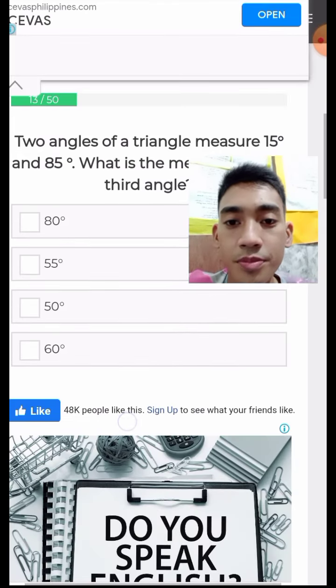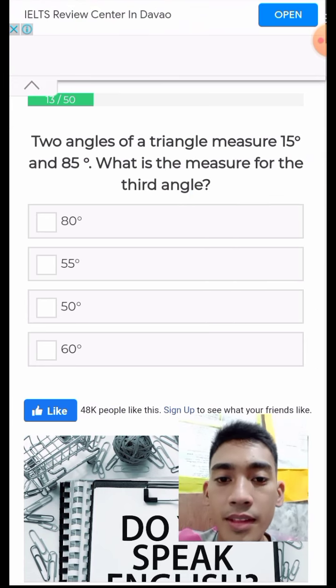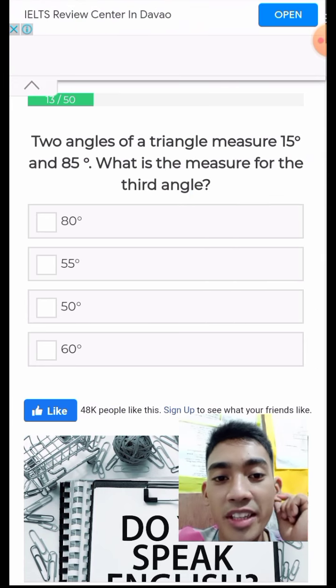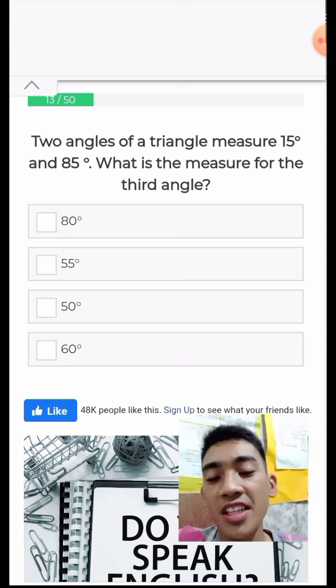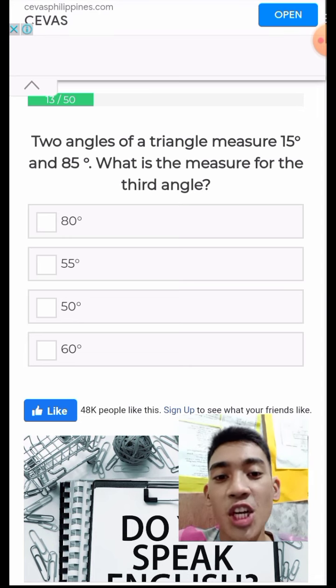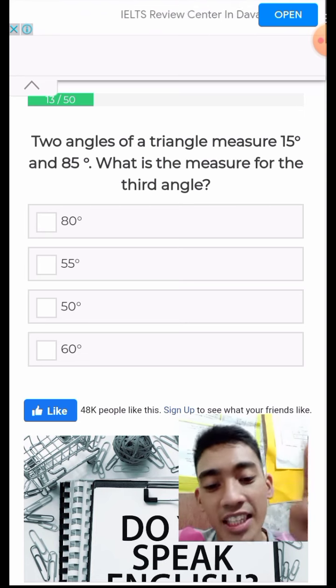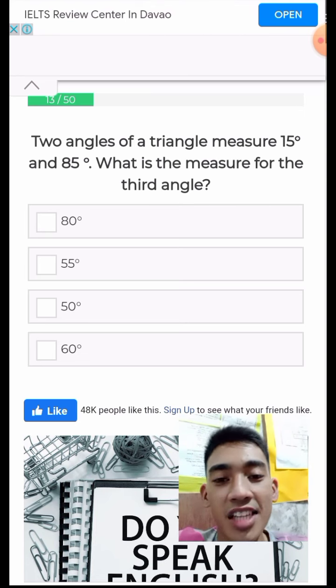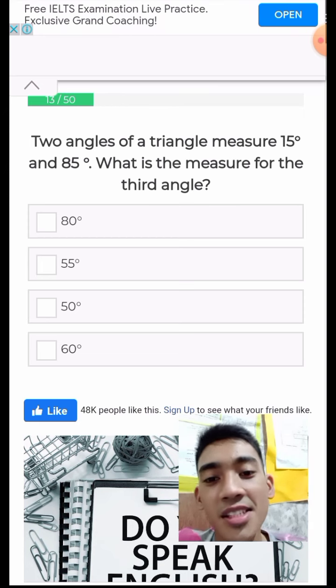Continue. Two angles of a triangle measure 15 degrees and 85 degrees. What is the measure of the third angle? As we all know, a triangle has a total angle of 180 degrees.